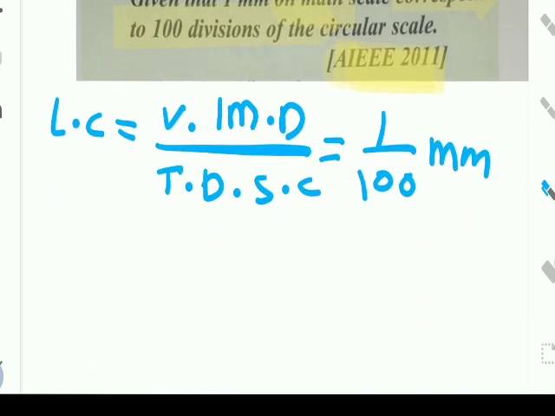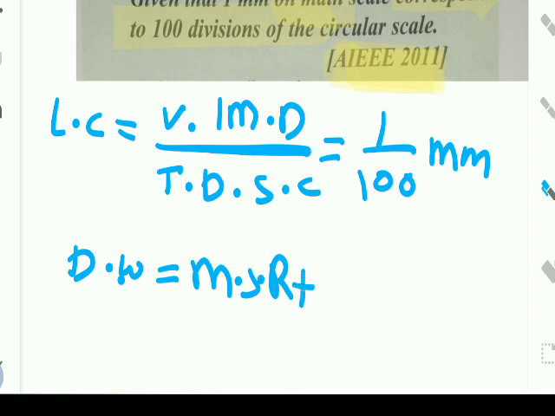Diameter of the wire is equal to MSR, main scale reading, plus CSR into LC.